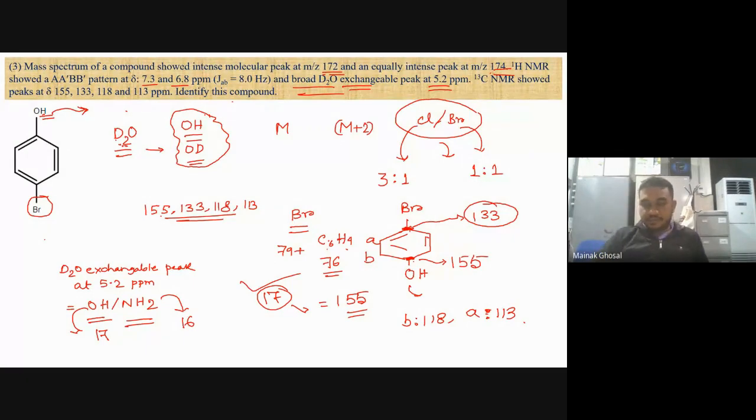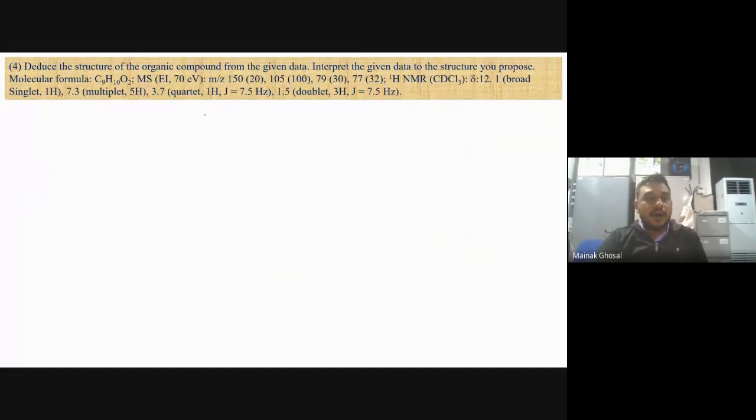So you have got all these answers for this one. Now I am going to the next question. You need to deduce the structure of the organic compound from the given data, and interpret the data to the structure you propose. The molecular formula is C9H10O2. The mass spectrum is given at first.